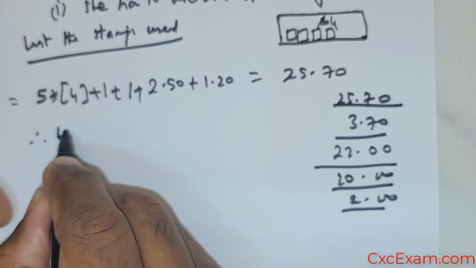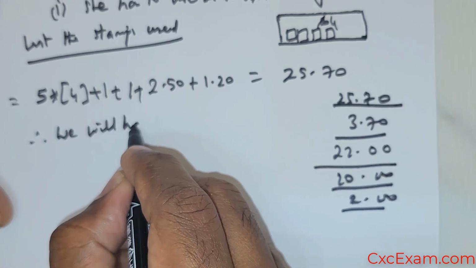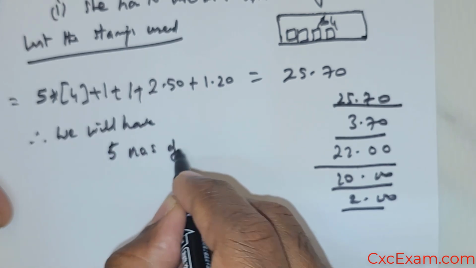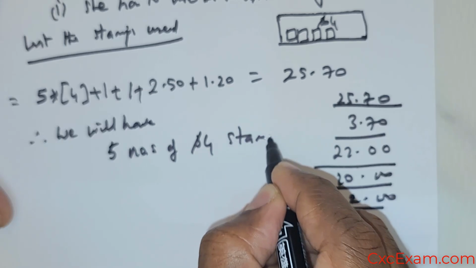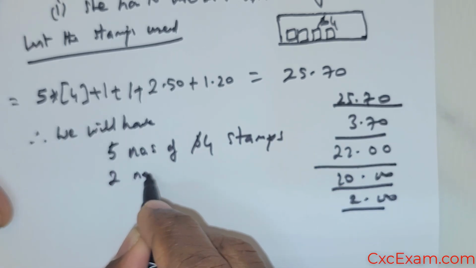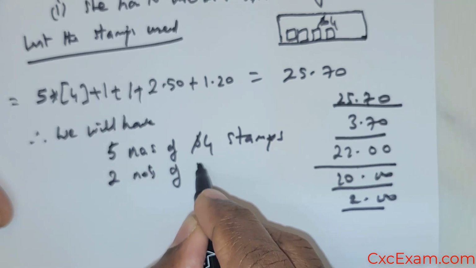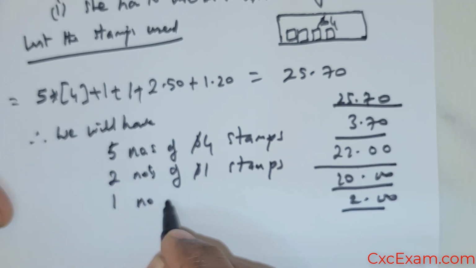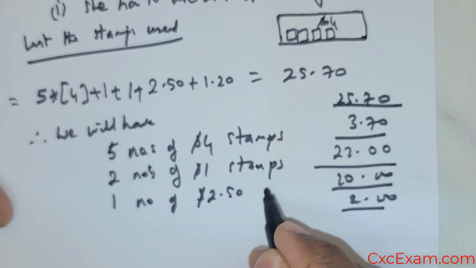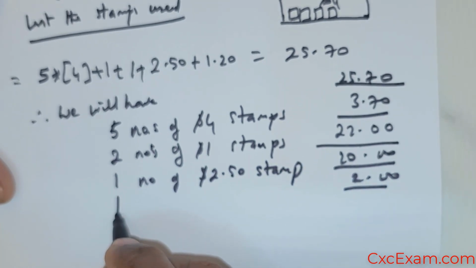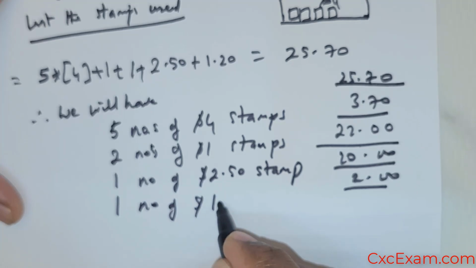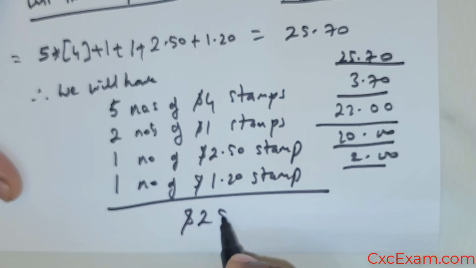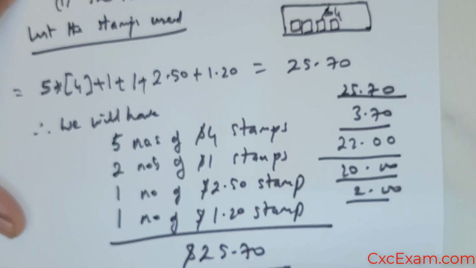So therefore we will have 5 numbers of $4 stamps, 2 numbers of $1 stamps, 1 number of $2.50 stamp, 1 number of $1.20 stamp. So in total that would give us 25.70. So that's the solution for this question.